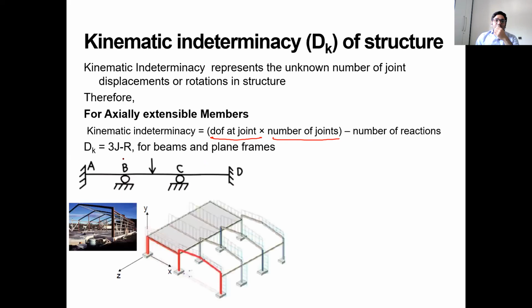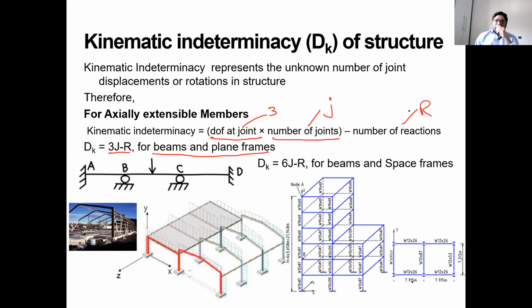So like static indeterminacy, we have a formula for kinematic indeterminacy. So dk is equal to 3j minus r for beams and plane frames. So 3 means degrees of freedom at a joint. Number of joints is j and number of reactions are r. Very simple to solve the problem.